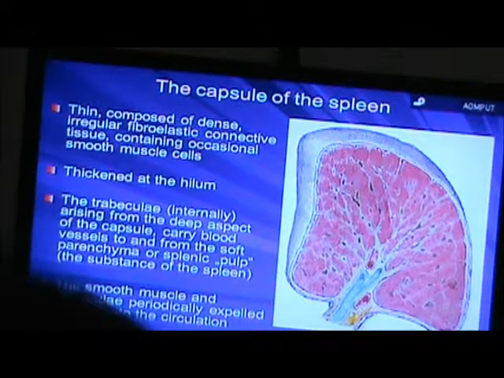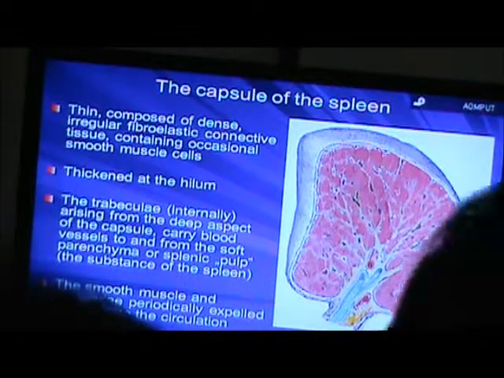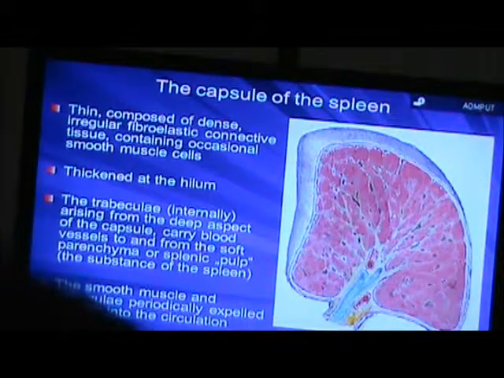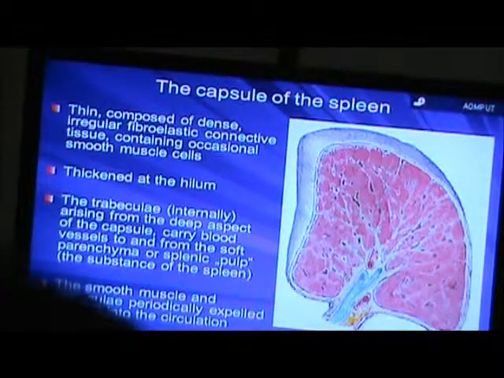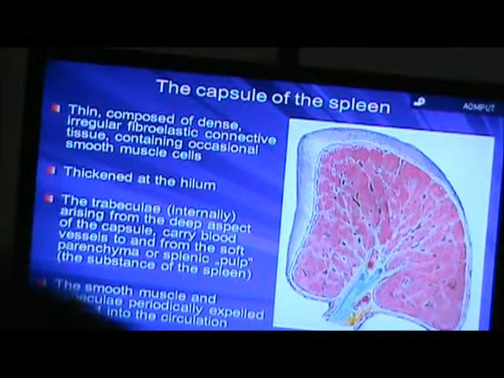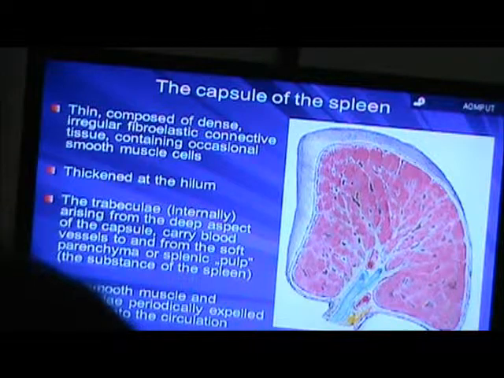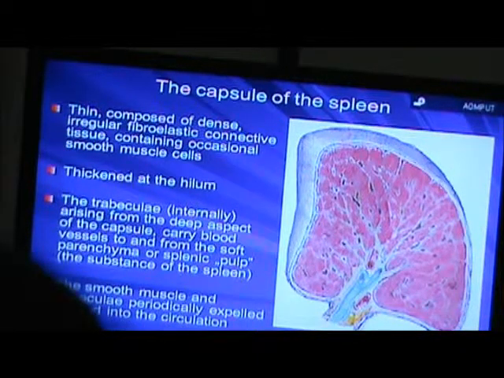The capsule of the spleen is thin, composed of dense, irregular, fibroelastic connective tissue. It contains smooth muscle cells. It's thickened at the hilum of the spleen, and the trabeculae, which are present internally, arise from the deep aspect of the capsule.